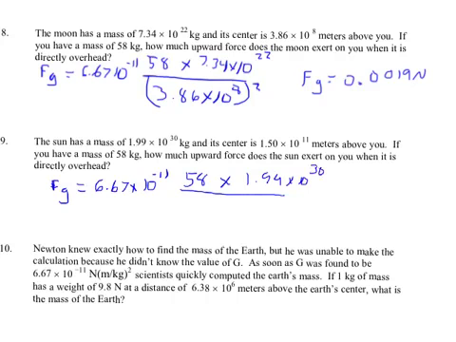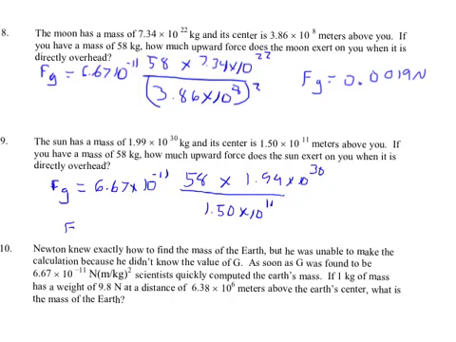Good golly. And I have to divide by the distance between myself and the center of the sun, which is 1.50 times 10 to the 11th squared.